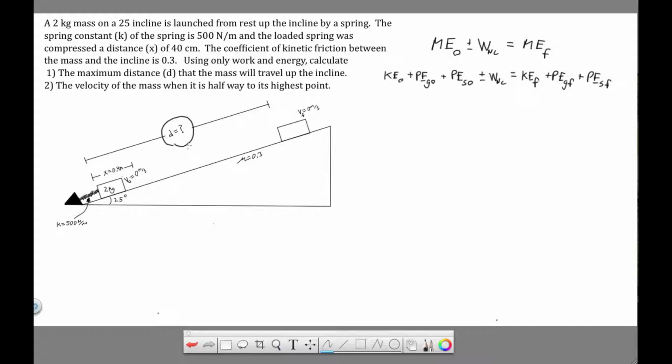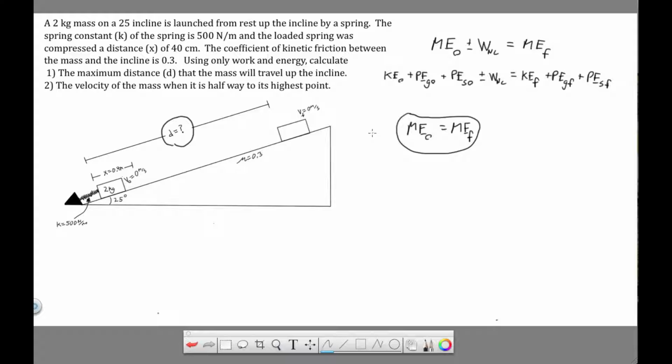So the idea with conservation of mechanical energy is that mechanical energy initial equals mechanical energy final, but looking at it this way, this is only true if gravity or springs are the only forces affecting the motion. So in this problem, we have what's called a non-conservative force, and the non-conservative force in this problem is friction.